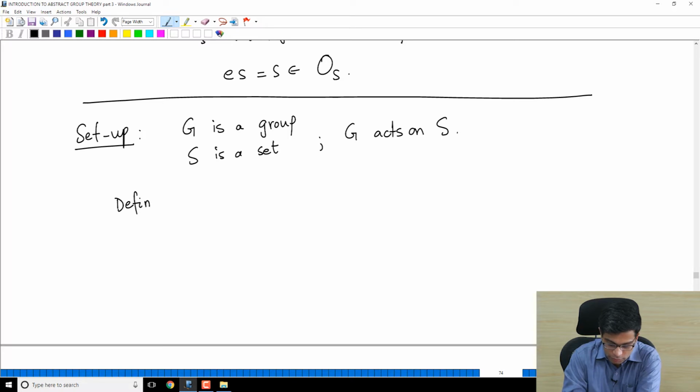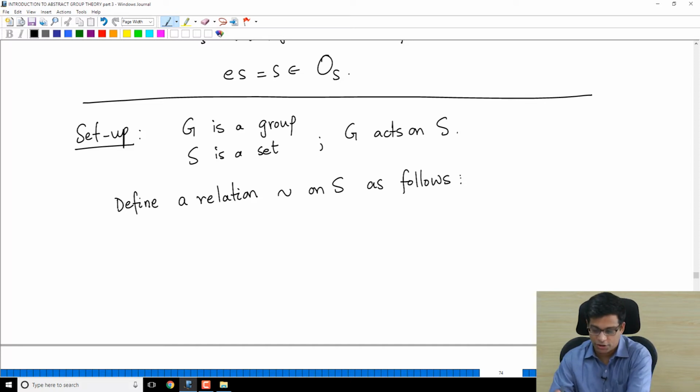Define an equivalence relation. First let's say a relation on S as follows. I'm going to define a relation denoted by this symbol as follows.